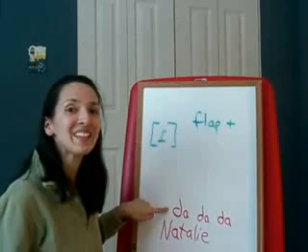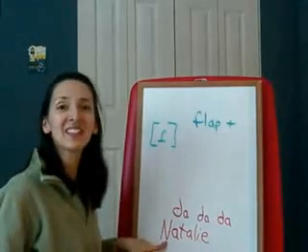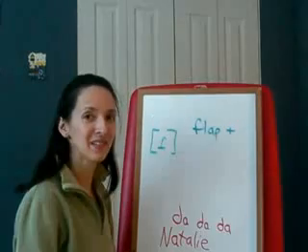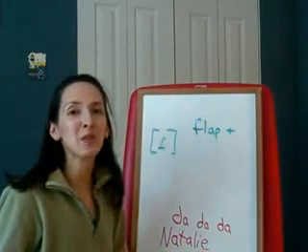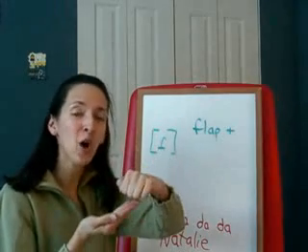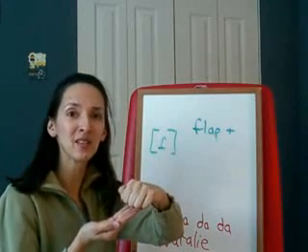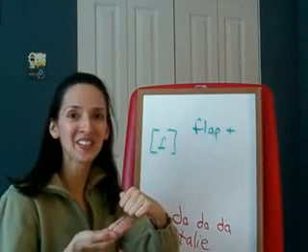Da, da, da, da, da, Natalie. When you make that long chain of "da"s, I want you to be very aware of that contact between the tip of your tongue and that hard bump behind your upper front teeth. There should be a feeling of light, quick contact.